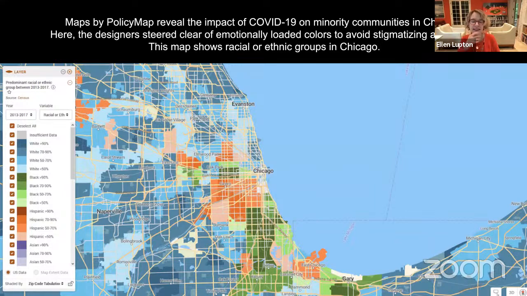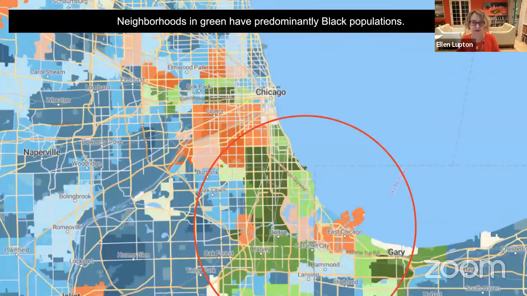So this is a map that shows their research during the beginning of the COVID-19 pandemic. And this particular map is showing racial and ethnic groups in Chicago. And the color green here represents neighborhoods that have a high percentage of Black residents.